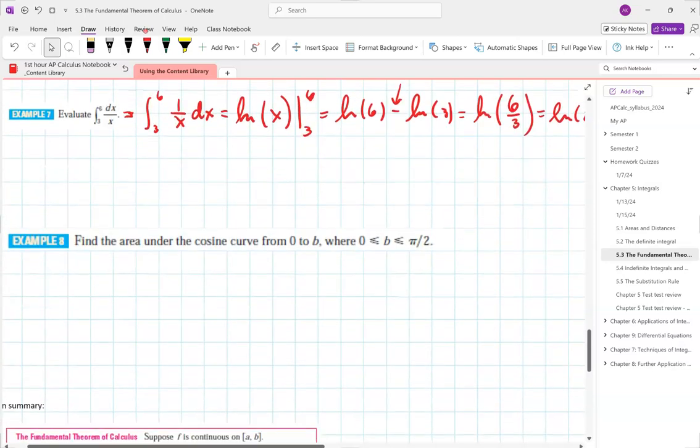All right. The next one says find the area under the cosine curve from 0 to b, where b is between 0 and pi over 2.